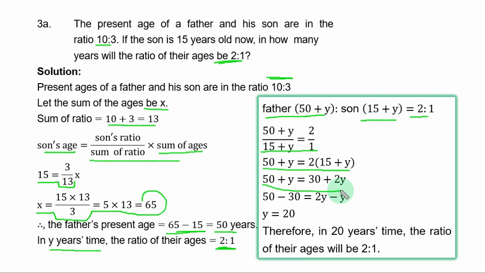Next, you collect like terms, you transfer 30 to the left and plus y to the right, and you have this result. Finally, y is equal to 20. Therefore, in 20 years time, the ratio of their ages would be 2:1.